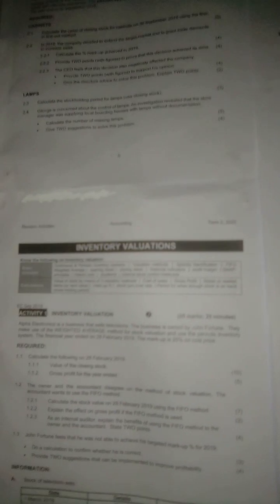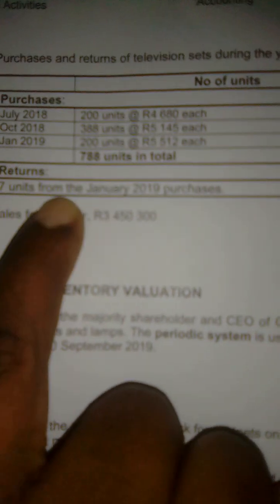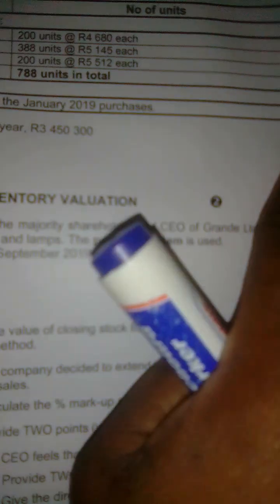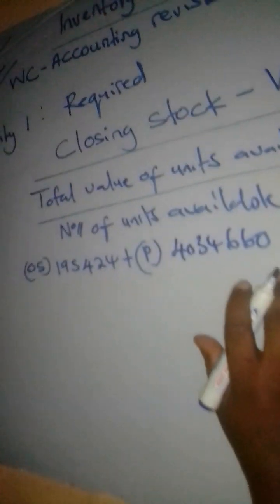Let's look at the purchases given in the information on B. The total purchases were 788 units in total, and this is the amount, 4,034,660. This is our purchases.